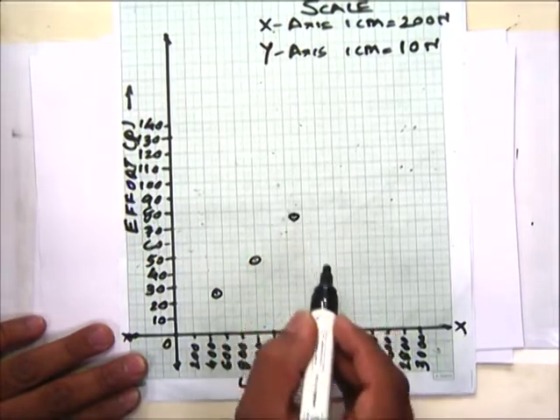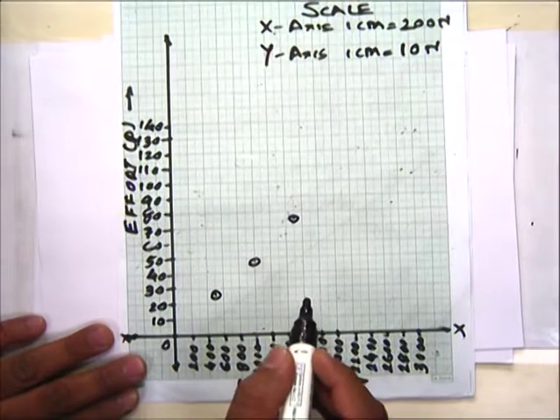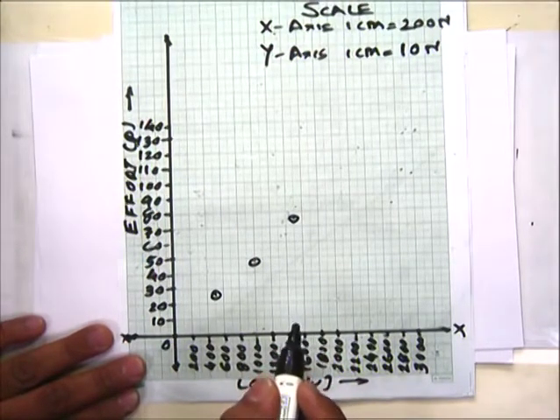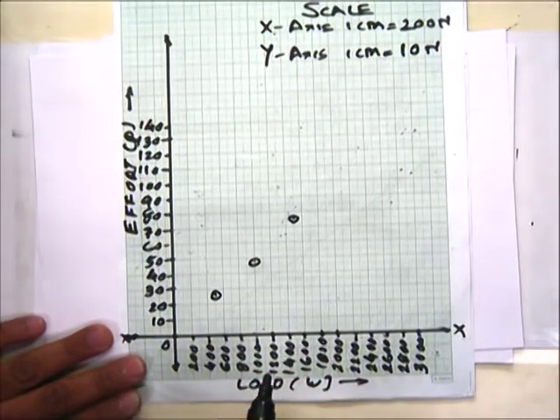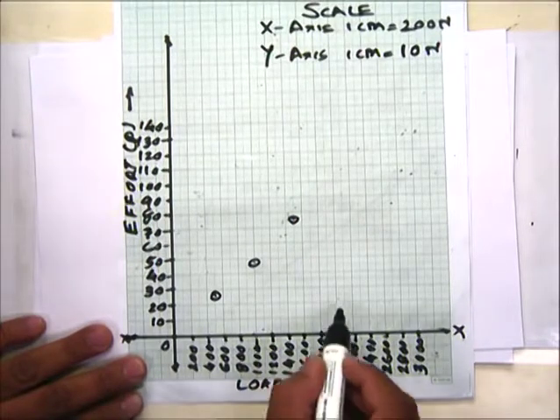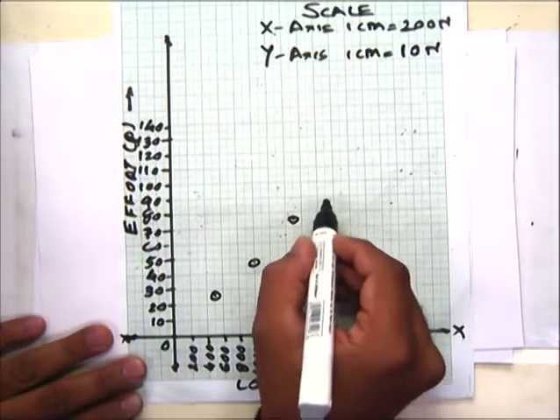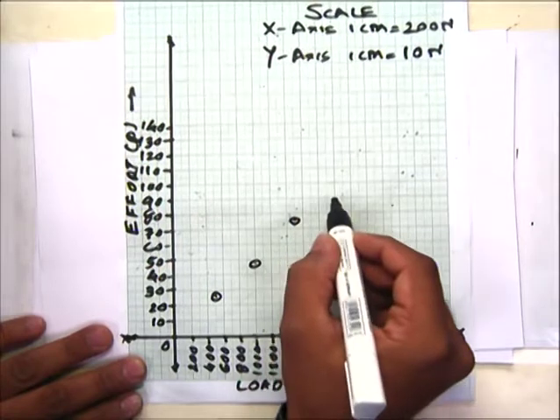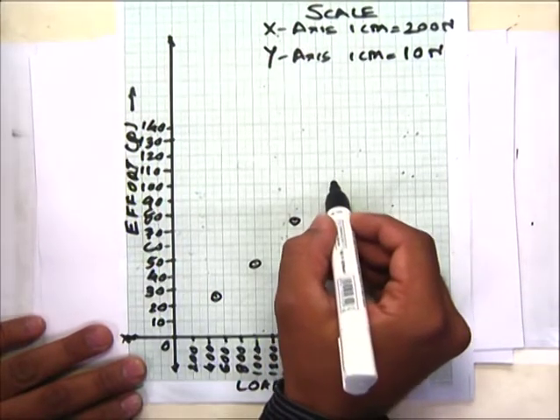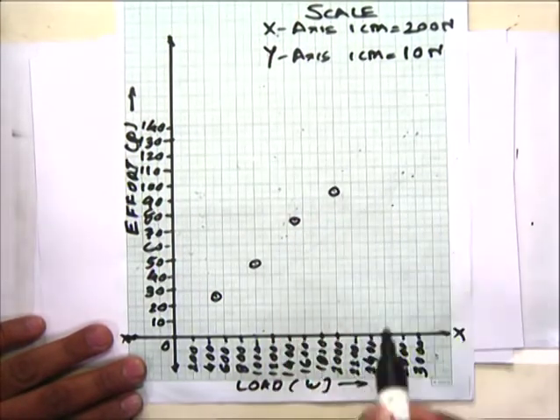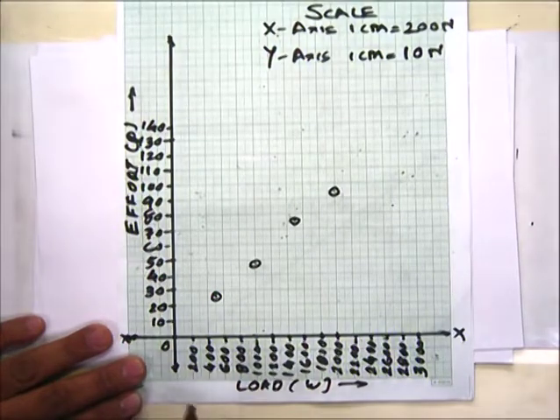It comes out somewhere here. In the fourth data we have a 2000 Newton load and 95 Newton effort, so it is here. Another data is 2500 Newton load and 105 effort.